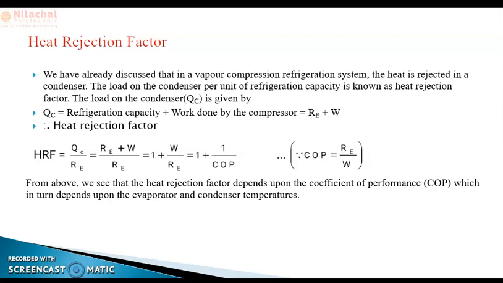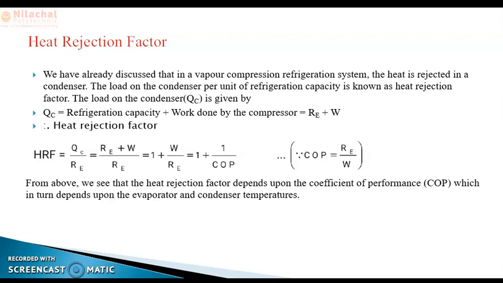Now, in this video, I will cover the heat rejection factor, the water-cooled condenser, and the types of water-cooled condenser. Let's start with the heat rejection factor. As we know, in the condenser, the heat is rejected to the cooling medium.